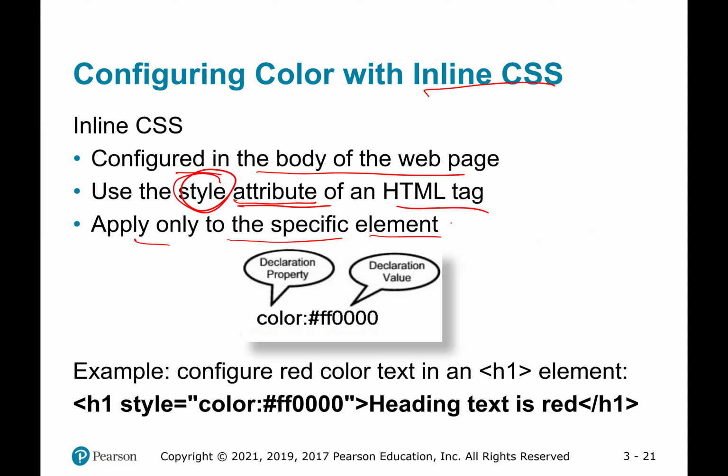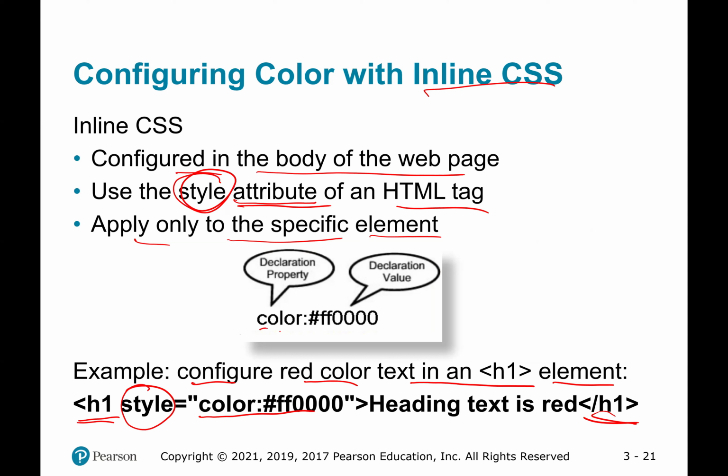Okay. So for example, say we want to configure red color text to one heading 1 element, right? In that case, you see we have this heading element and this is the closing tag. Inside that, we use this style attribute, and we have a value, right?